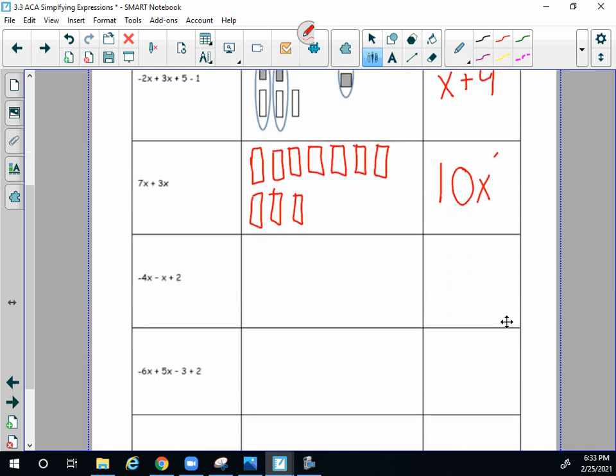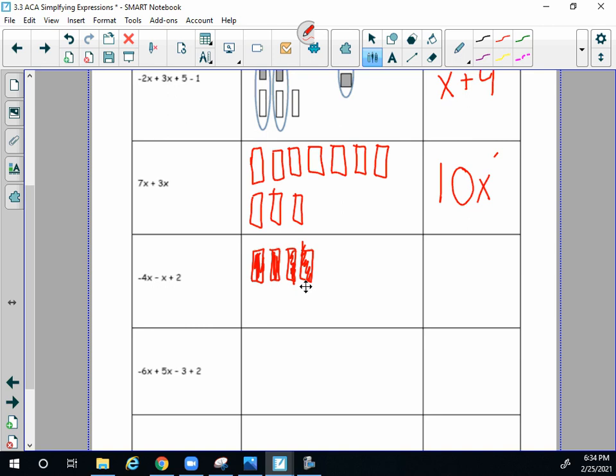We're going to try one more, and then you're going to do the last two on your own. So this one says negative 4x, so I need 4 negative x's, 1, 2, 3, 4, and I'm going to color these in because they're all negative. All right.